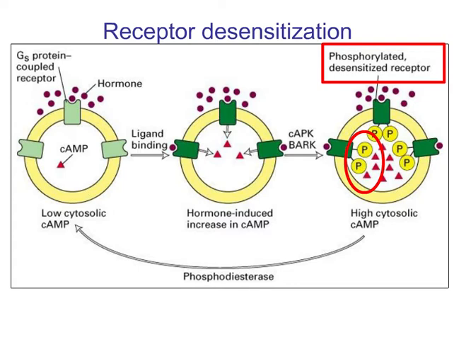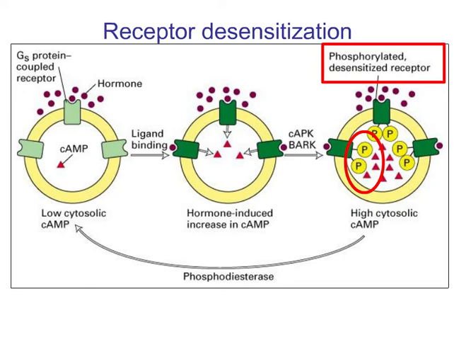This is accomplished by both cyclic AMP activated protein kinase A and also specific kinases called G-protein coupled receptor kinases, or GRKs. GRKs phosphorylate G-protein coupled receptors when they are occupied by a ligand. The unoccupied receptors are not substrates for the GRKs. GRKs act to feedback desensitize the G-protein coupled receptors.